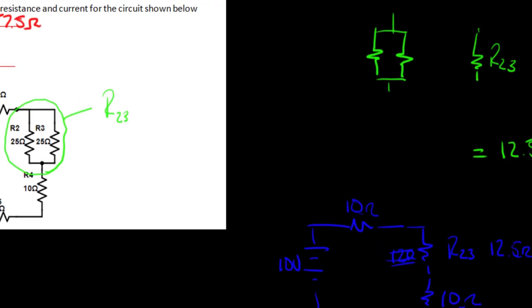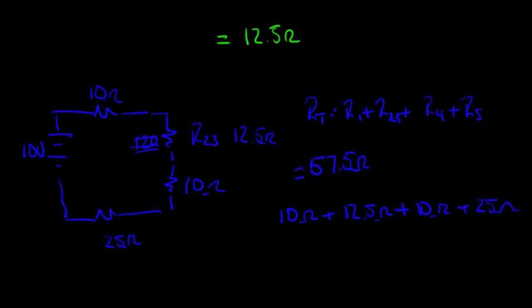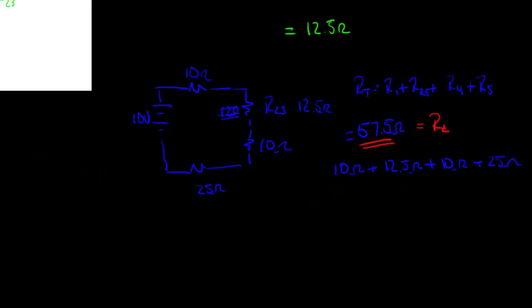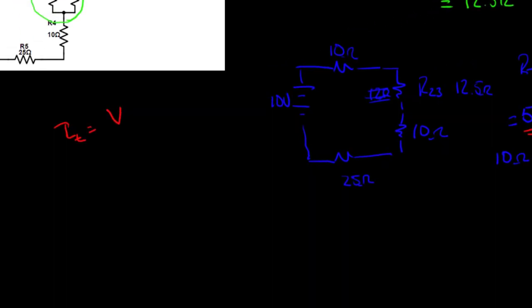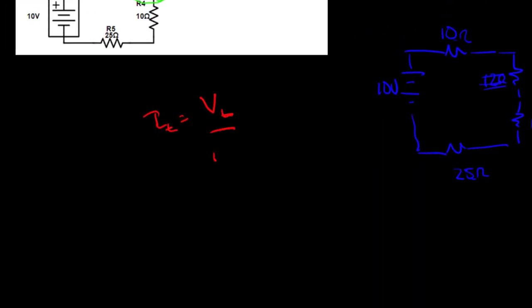Now my total current, if this is my total resistance, I know that my I total is equal to V total, Ohm's law, divided by R total. That's going to equal 10 volts divided by 57.5 ohms.